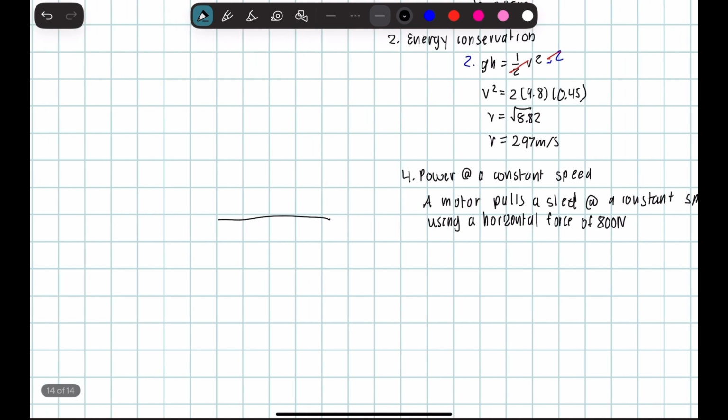So let's just draw this out. We have the sled, and this is 6.0 meters per second, that's the velocity, with 800 newtons F_A.